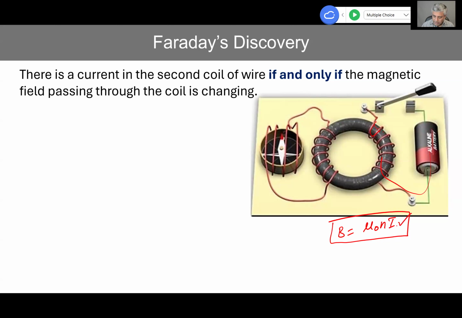So when current passes through this, the number density of the turns is fixed for a given coil. That means it just depends on current. The larger the current, the larger the field is going to be. Depending on how much resistance is there, we can tell how much current is going to flow, EMF over R, right?